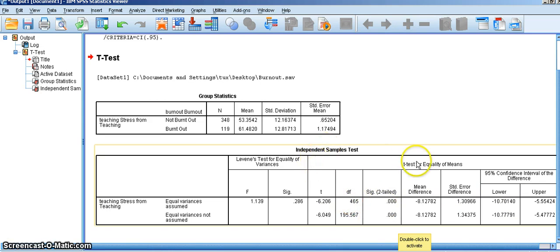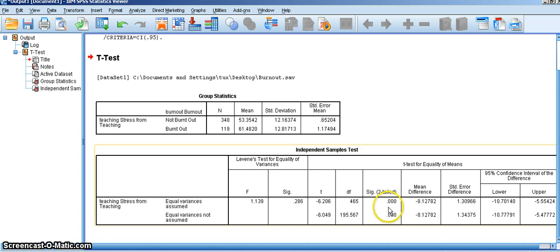Now here, where it says t-test for equality of means, is actually our main test. And this column here tells us whether our test is significant or not. We're using the same rule as with any other test. Any significance level that is less than 0.05 designates significant differences, and anything that is greater than 0.05 tells us that there are no significant differences.